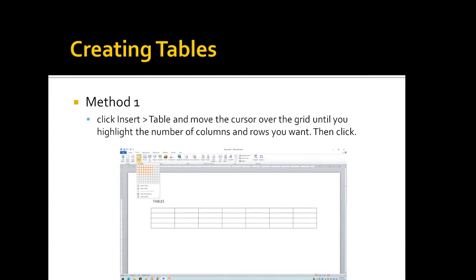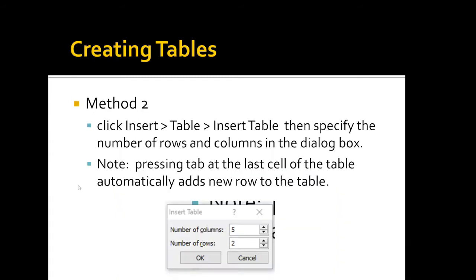Okay, so the next method is to click Insert Table and then click on the Insert Table option. Then specify the number of rows and columns in the dialog box. The dialog box will look something like this. You can use this to increase or decrease the number of columns, and also the number of rows.